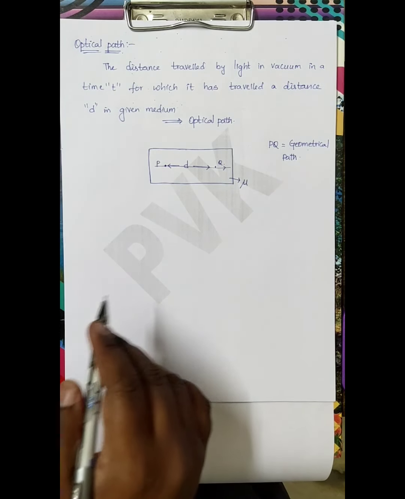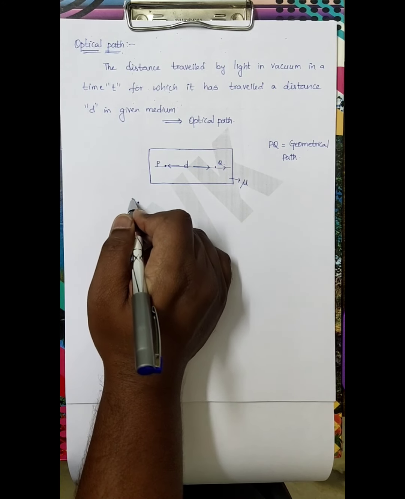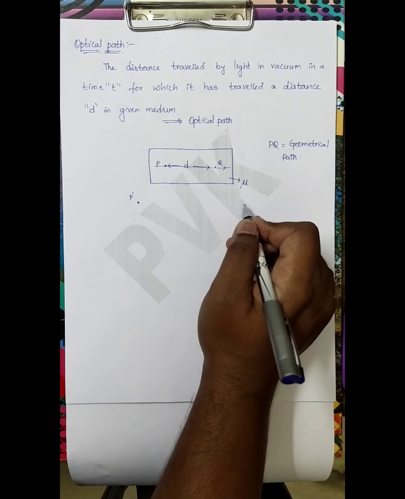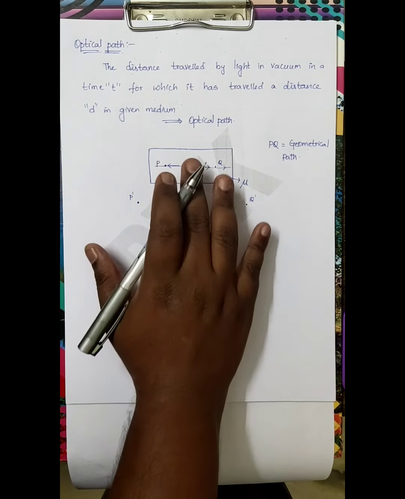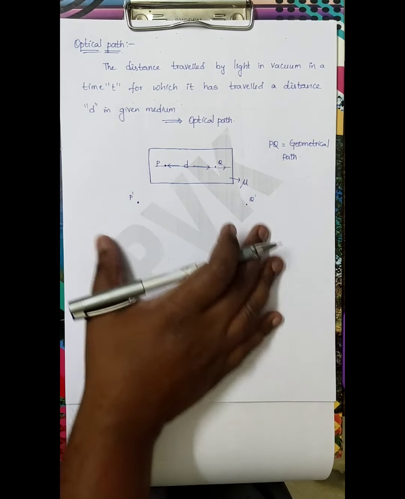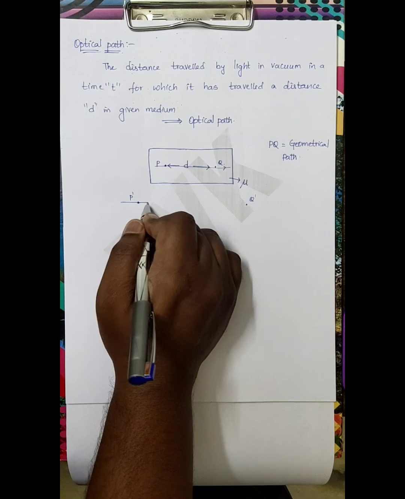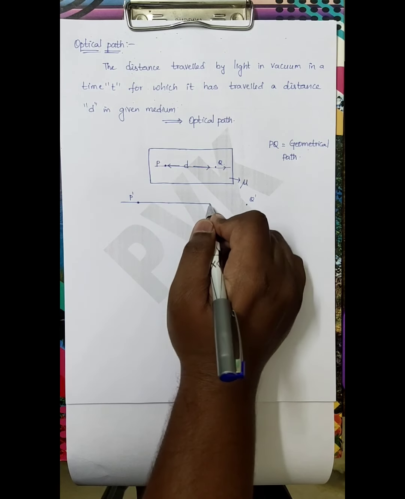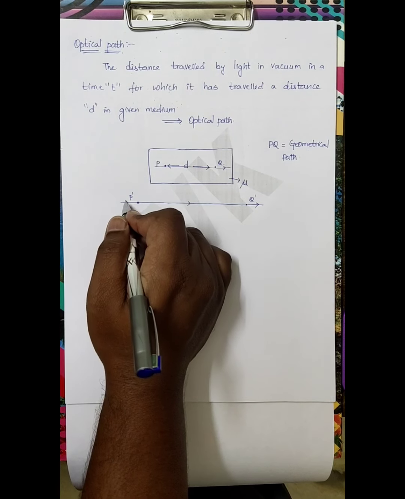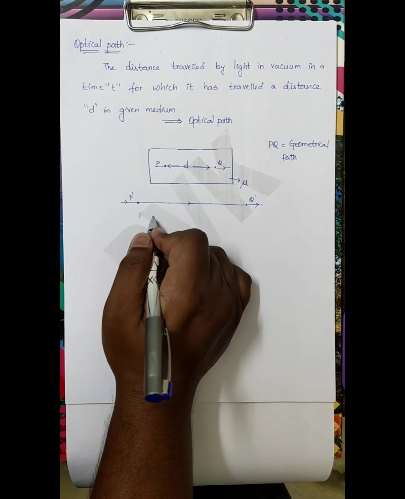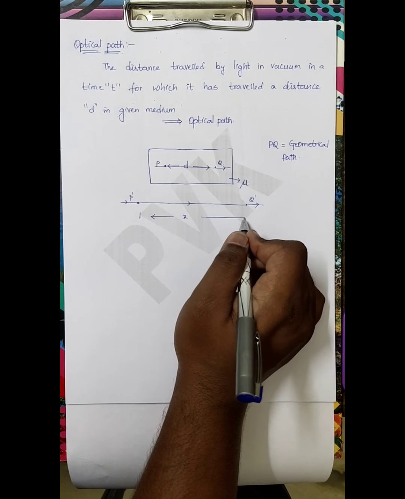And now consider there are 2 more points, P dash and Q dash, and this is present in vacuum. This is a medium, and the remaining whole thing is your vacuum. So assuming that the light is passing between these 2 points, P dash and Q dash, and the distance between P dash and Q dash you just denote by x.